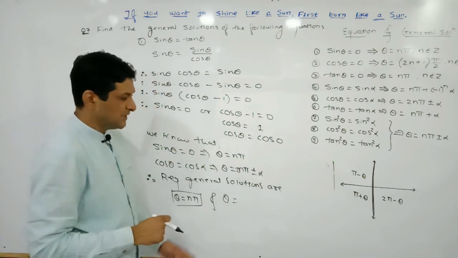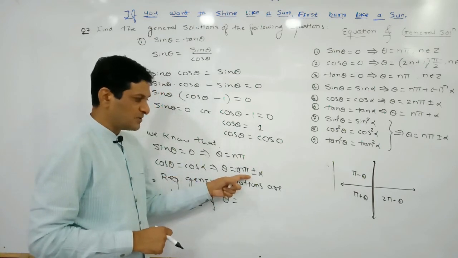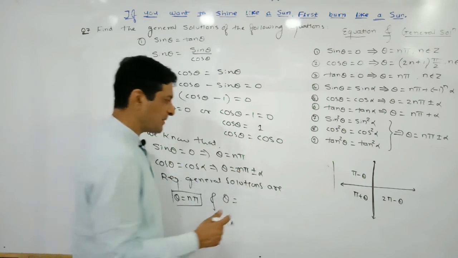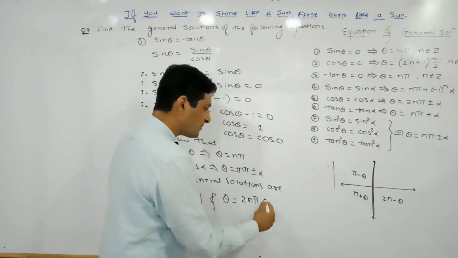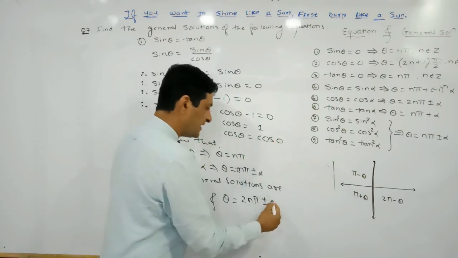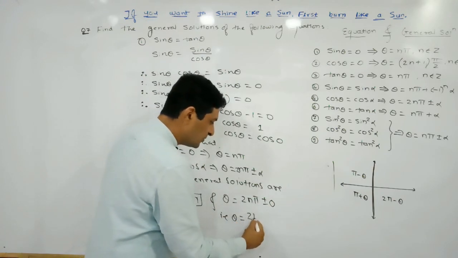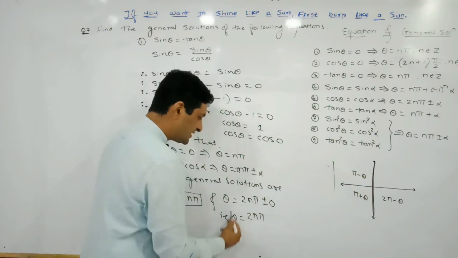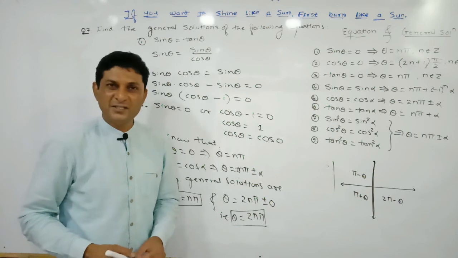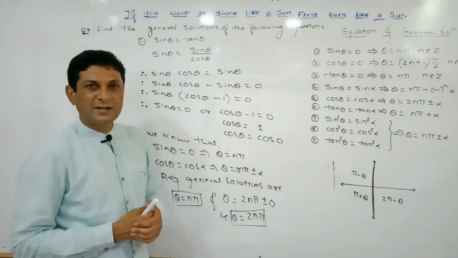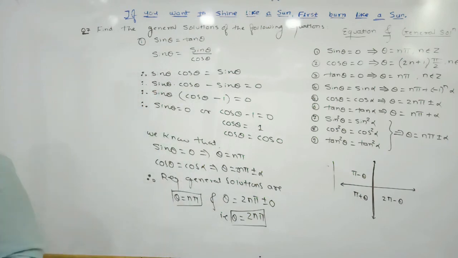This equation is in the form of cos theta is equal to cos alpha, and we know that its solution is theta is equal to 2n pi plus or minus alpha. But what is the value of alpha here? 0. That is theta is equal to 2n pi, not necessary to write plus or minus 0. So theta is equal to n pi and theta is equal to 2n pi are the required general solutions of the given trigonometric equation.